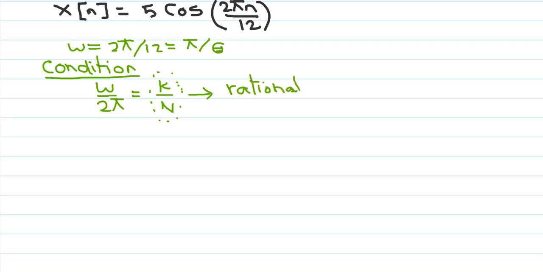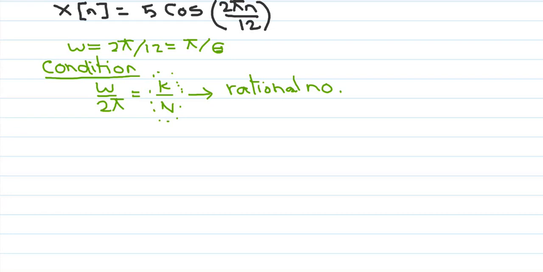We are interested in finding the ratio k divided by n by dividing omega by 2 pi. If omega by 2 pi is some rational number, then we say that the given discrete time signal is periodic.